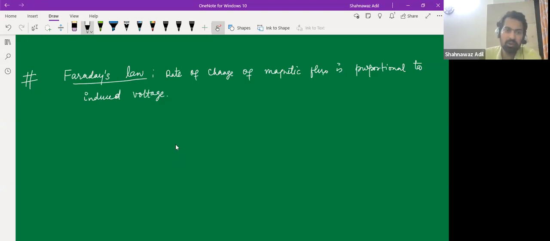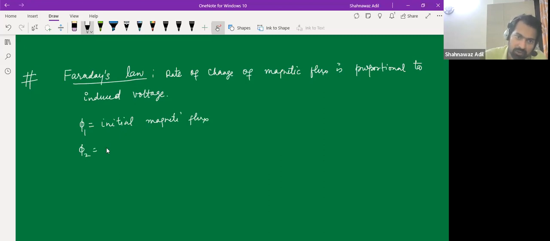Let's say you have phi 1, the initial magnetic flux, and then you have phi 2, the final magnetic flux.